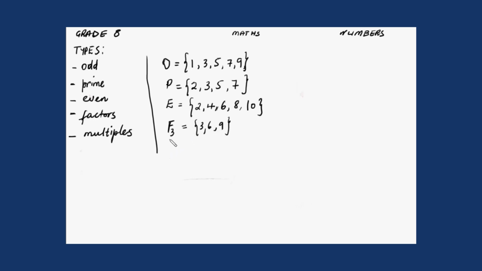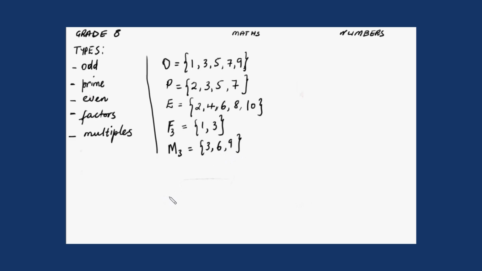These are multiples of 3. Factors are numbers that will go into 3 and leave no remainder. So factors of 3 would be 1 and 3. Multiples of 3: 3 times 1 is 3, 3 times 2 is 6, 3 times 3 is 9, and so on.